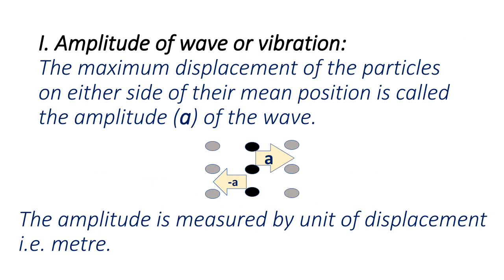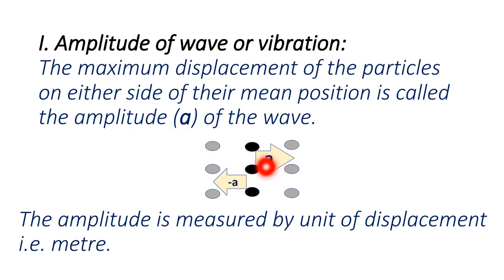So this will introduce the term amplitude. Amplitude is the maximum displacement of the particles on either side of their mean position. This is the maximum displacement, and it is denoted with the letter small a. Here you can see this particle is maximum displaced up to that much, so this is called amplitude.